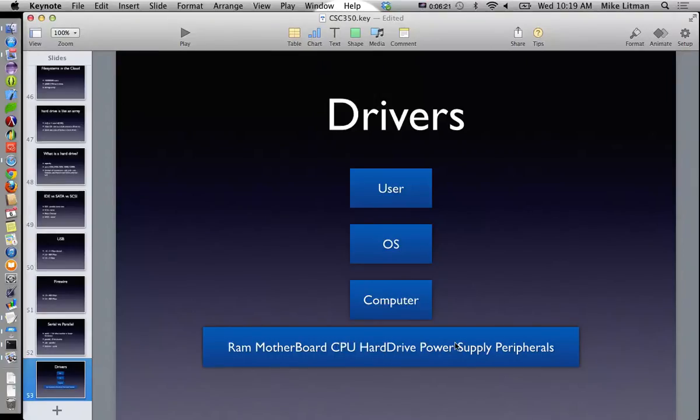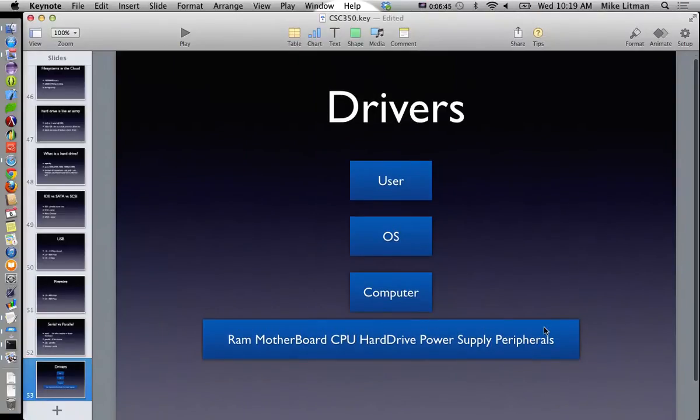We've talked about hard drives. What about power supplies? Does the operating system deal with your power supply? It doesn't control it. The power supply is a self-contained type thing. What about your BIOS? You can change it. Well, BIOS would be part of your motherboard, but we'll leave power supply on here.